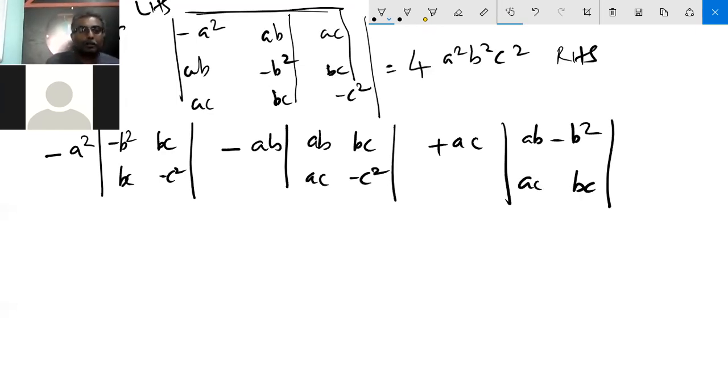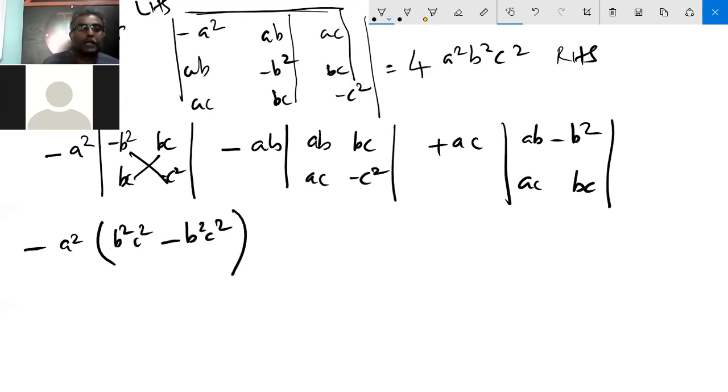Okay. Now minus a squared into minus b squared into minus c squared is equal to b squared c squared. Okay. This way minus again b squared c squared. So either cut item 0, a squared into 0 minus 0.